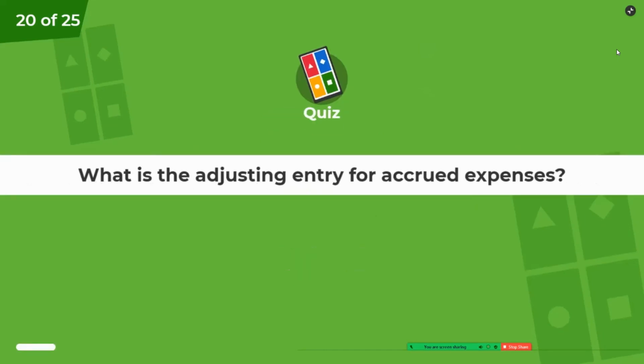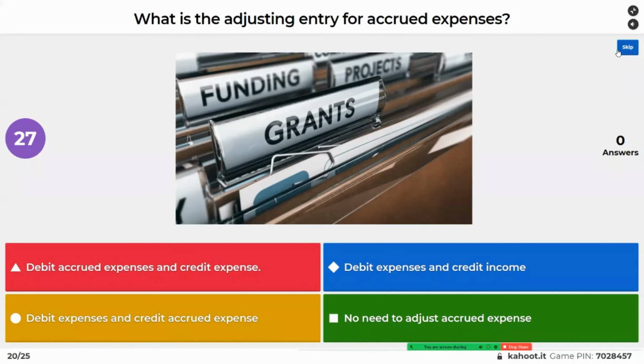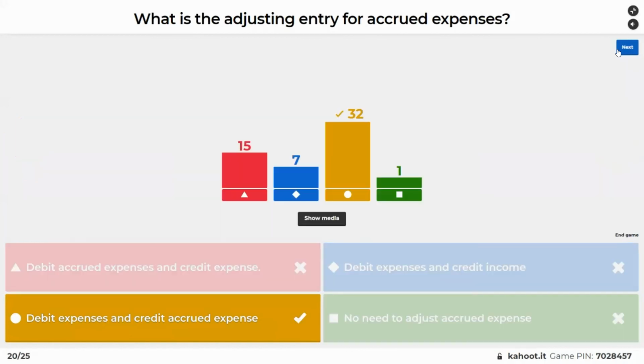Oh, so we're down to our last 6. What is the adjusting entry for accrued expenses? Okay, so good, no? So debit expense and credit accrued expense.